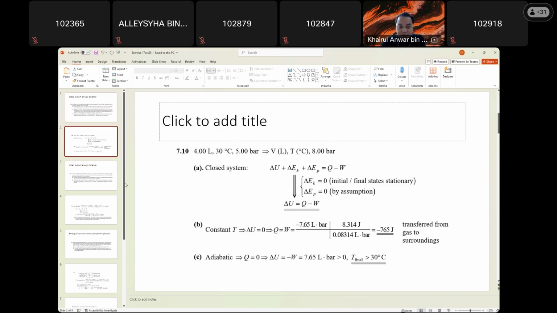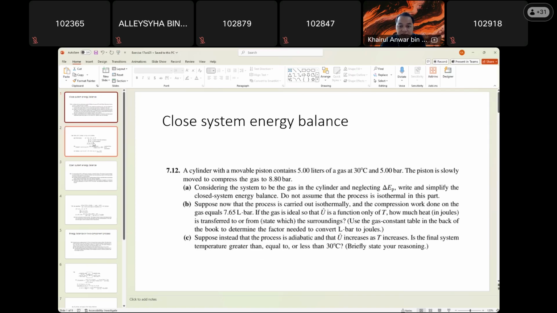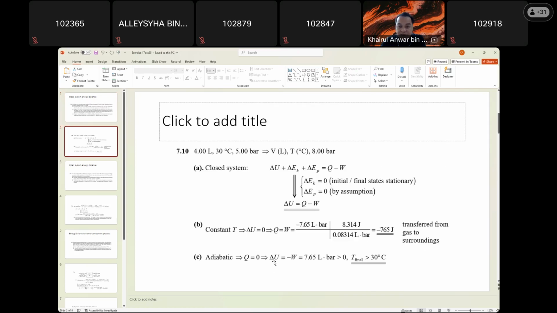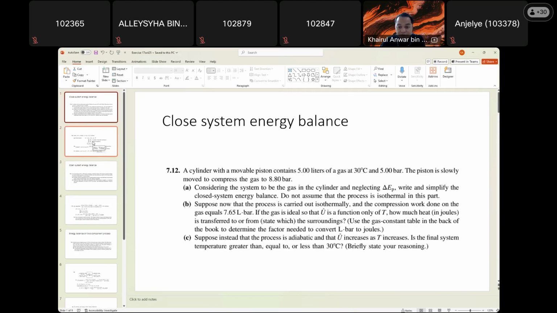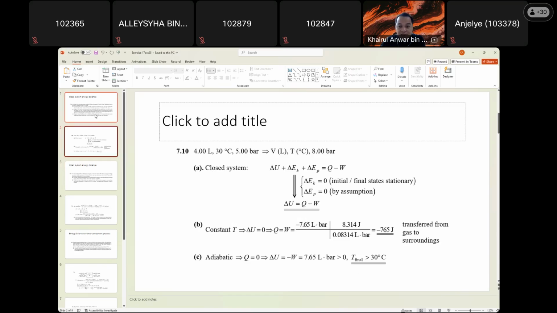For the second question, T is constant, so delta U is 0. For this case, delta U equals the 7.65 liter-bar, which is nonzero. And since the temperature increases with the internal energy, the final temperature is greater than 30.